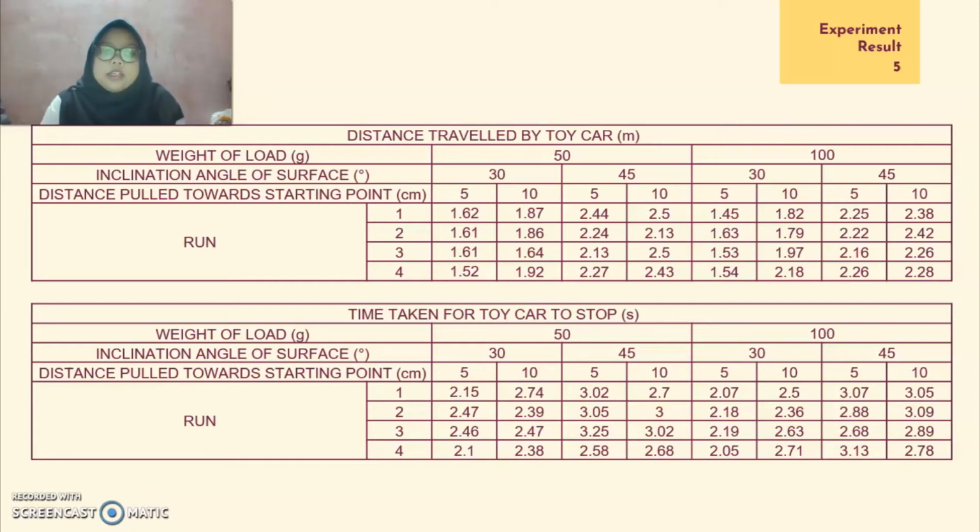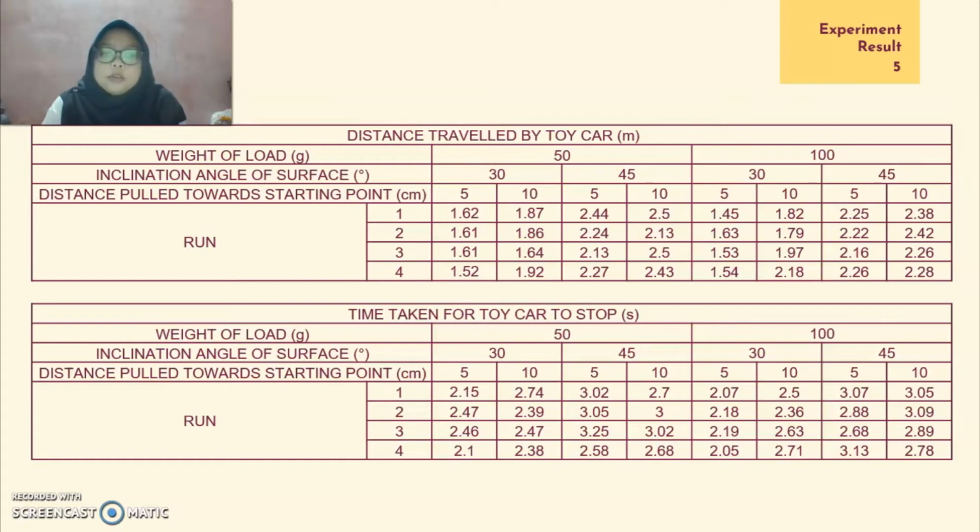The distance traveled at the higher inclination angle, 45 degrees, is further than at the lower one, 30 degrees. And lastly, the toy car pulled 10 cm towards the starting point goes further than the other.